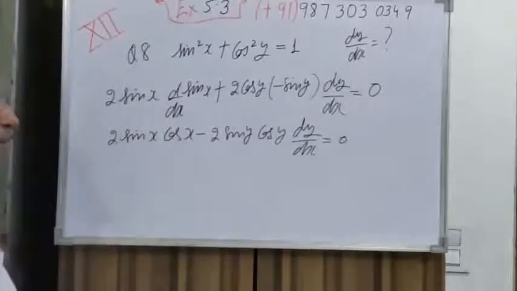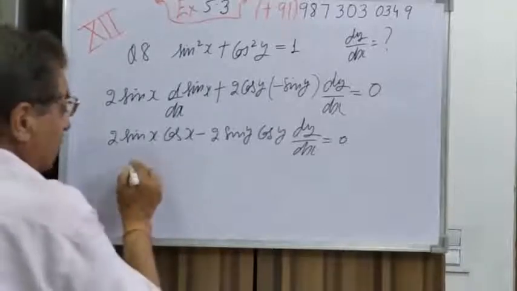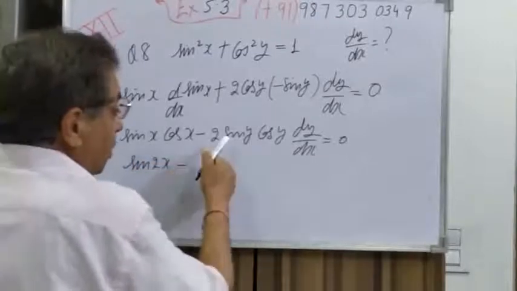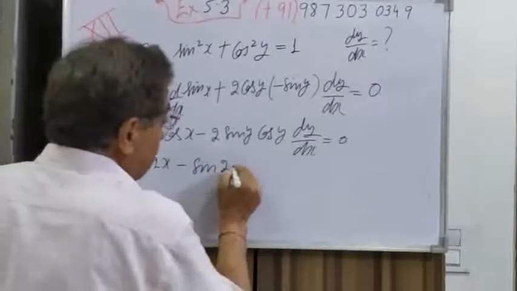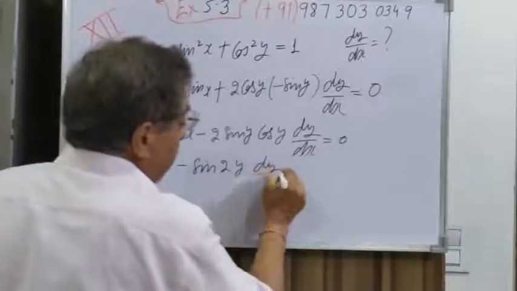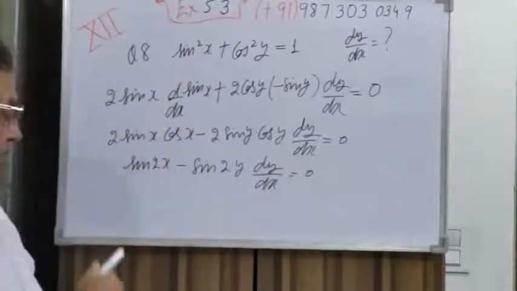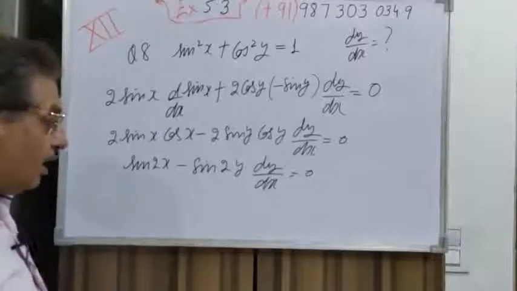Now, if you recall the trigonometric formula from previous classes, 2 sin x cos x is always sin 2x, and 2 sin y cos y is accordingly sin 2y. So we are left with sin 2x minus sin 2y dy upon dx equal to 0. Now let us take the sin 2x on the other side.